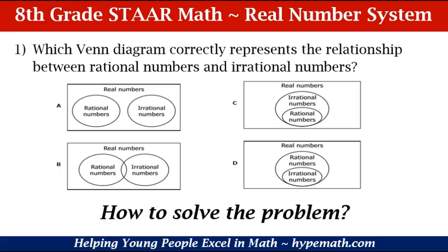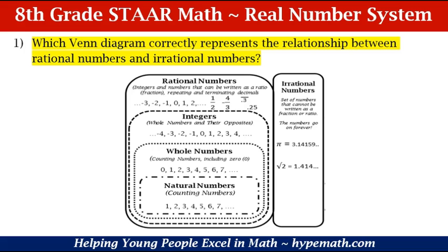So how do we solve this problem? Well, in order to solve it, what we need to understand is the difference or similarities between rational numbers and irrational numbers. So here is a picture of our real number system.